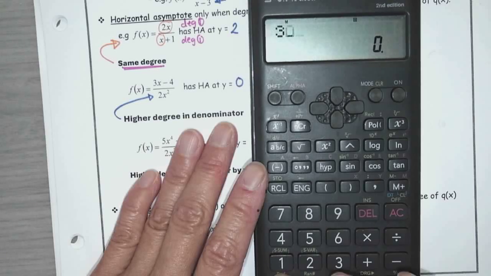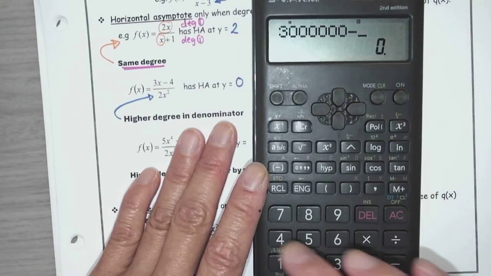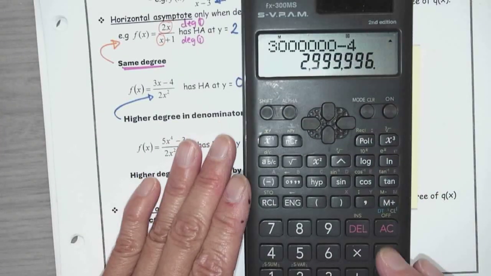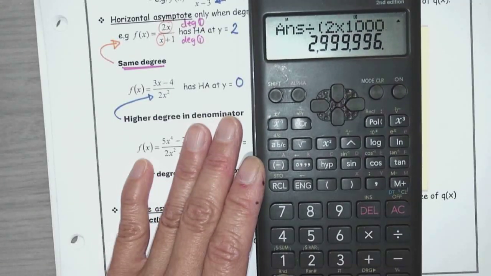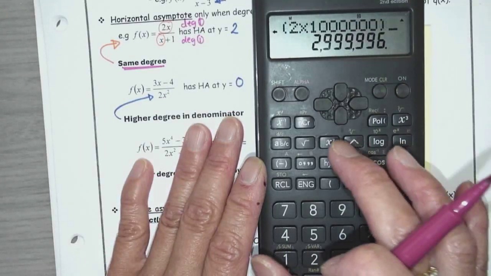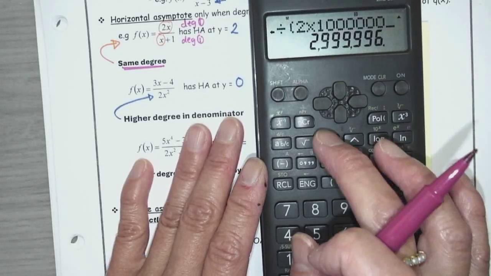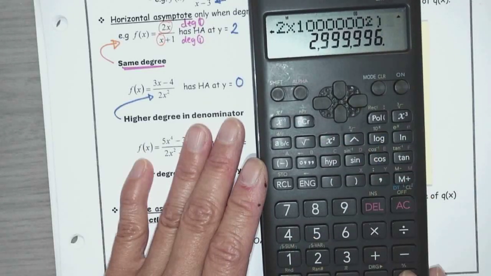When I put that in, 1, 2, 3, 4, 5, 6, minus 4, get the top, divided by 2 times 1 million, 1, 2, 3, 4, 5, 6, close that up, squared, close that up, and then I get this.